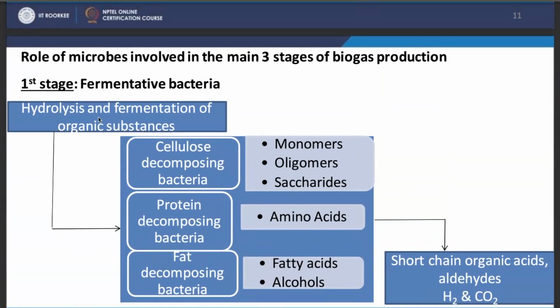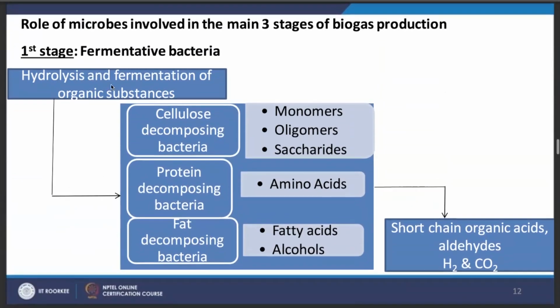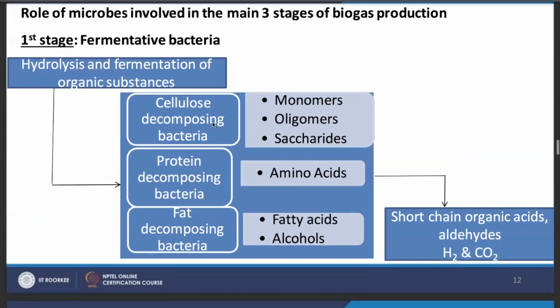In hydrolysis and fermentation of organic substances, what kind of substances do we have, and which microbes feed on these components? First is cellulose decomposing bacteria, as feedstock and agricultural waste are very high in cellulose. Hence, we use these types of microbes which decompose cellulose. As I mentioned, these are complex compounds.